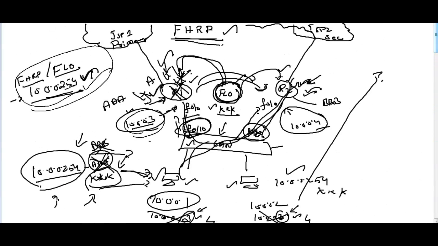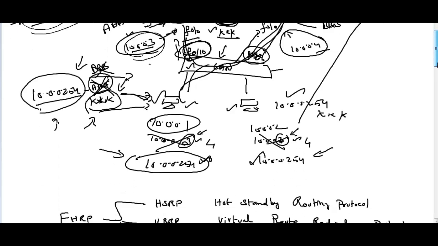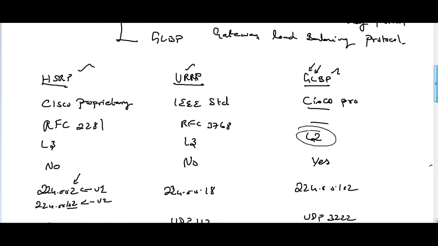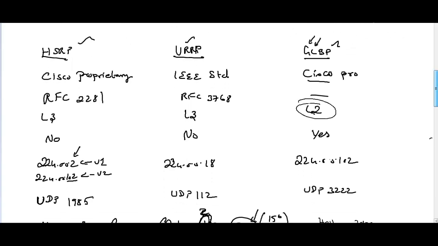3 different protocols: HSRP, VRRP and GLBP. All these 3 do the same thing. They help to have a floating MAC address and floating IP address, and they have different attributes. Some use different ones, some work in layer 3, some in layer 2.